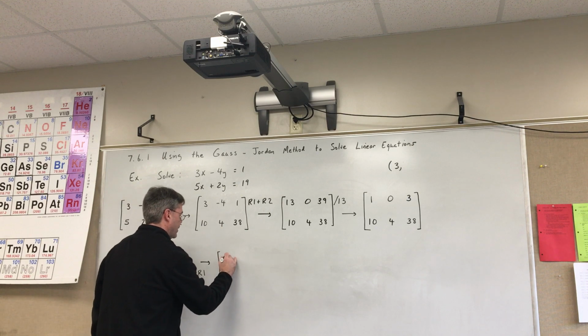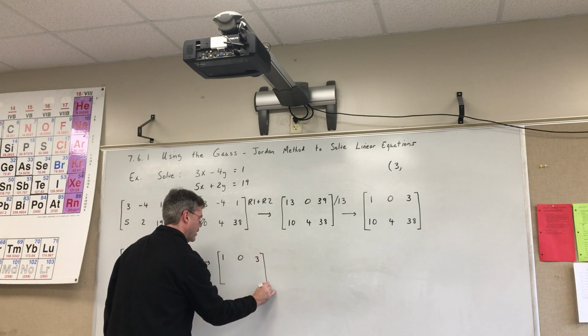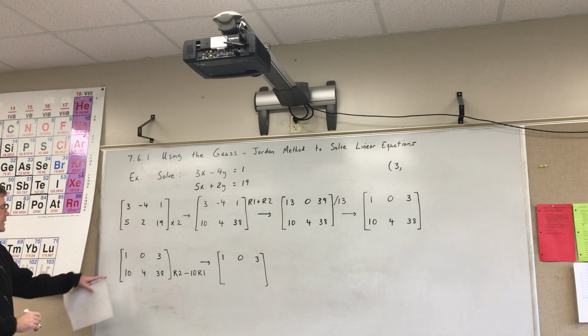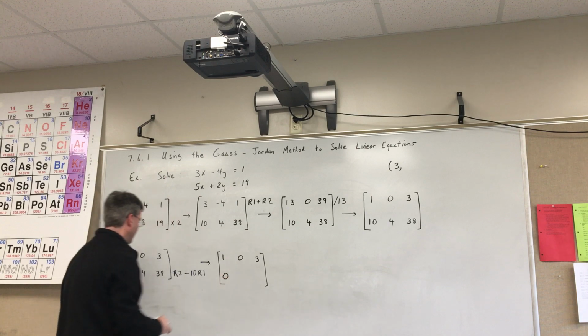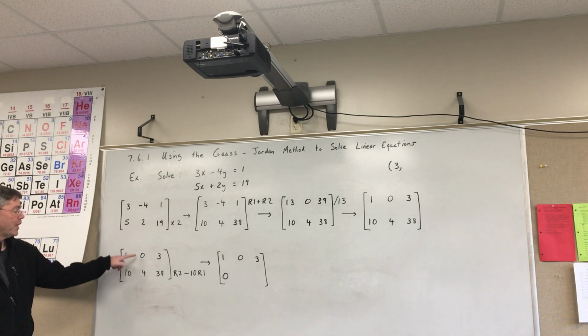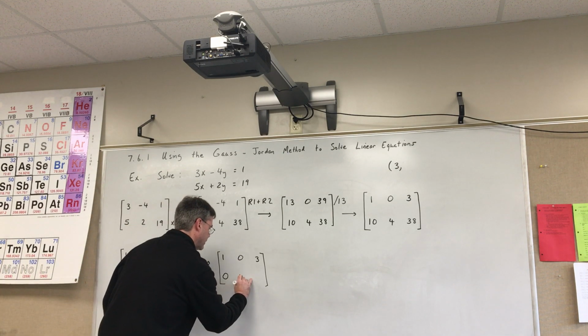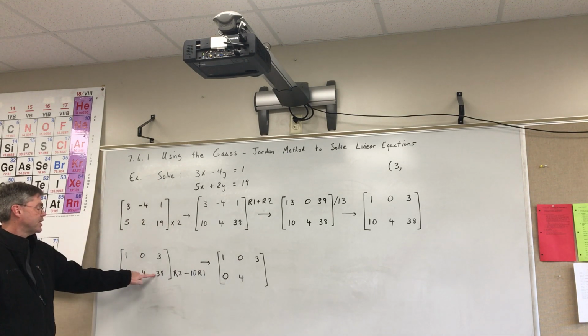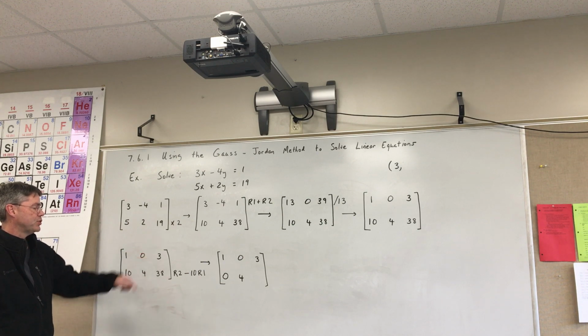I'm just going to continue to keep that 1, 0, 3 there. 10 minus 10 is 0. 4 minus 10 times 0 is just 4. 38 minus 10 times 3, so 38 minus 30, is 8.